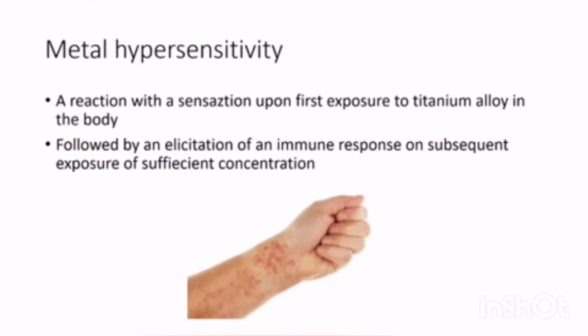This is not strange, because it is a human response. However, the results of the response can be very severe, such as rashes, severe pain, and swelling, because of the body's response towards the presence of metal in the body.